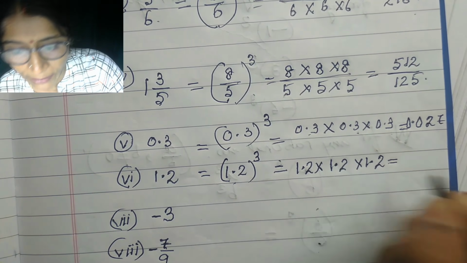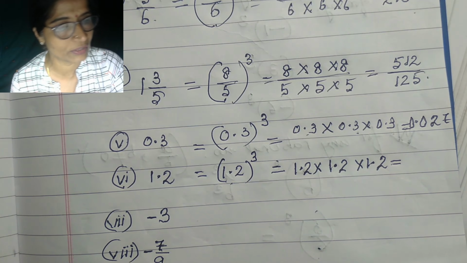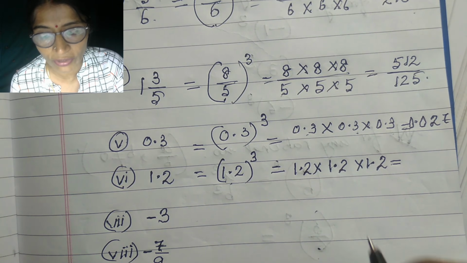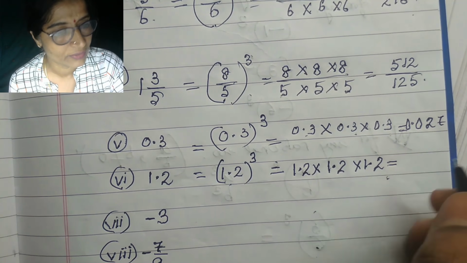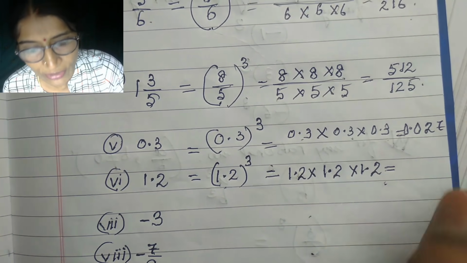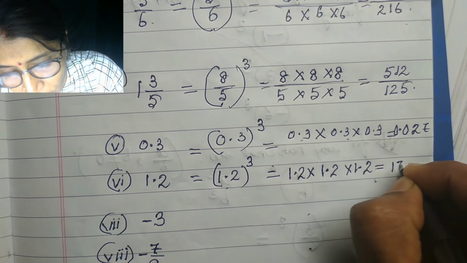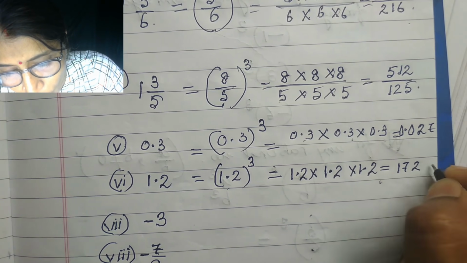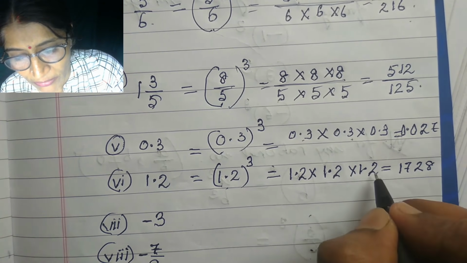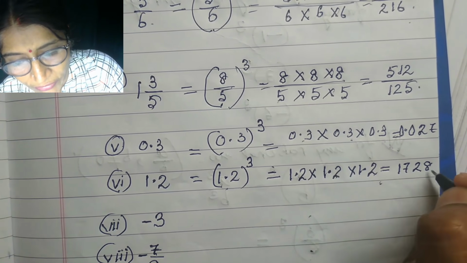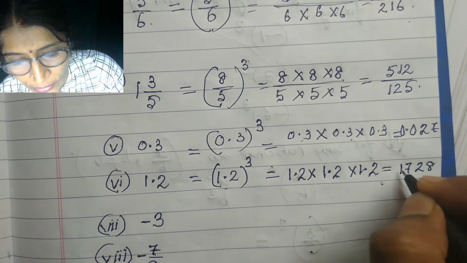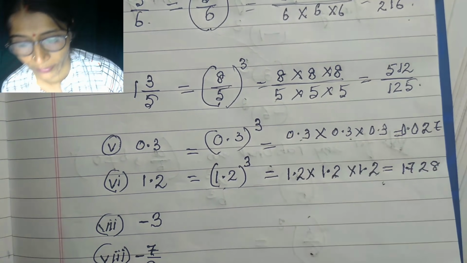And when you multiply 12 into 12, it is 144, and then 144 multiplied by 12, it will be 1728. And the decimal places will be 1, 2, 3, so after the 3 digits, it will be 1.728.